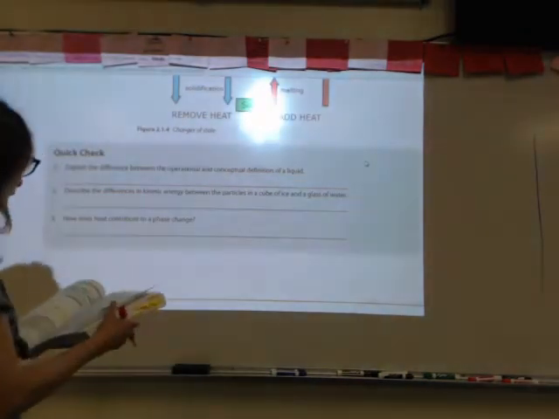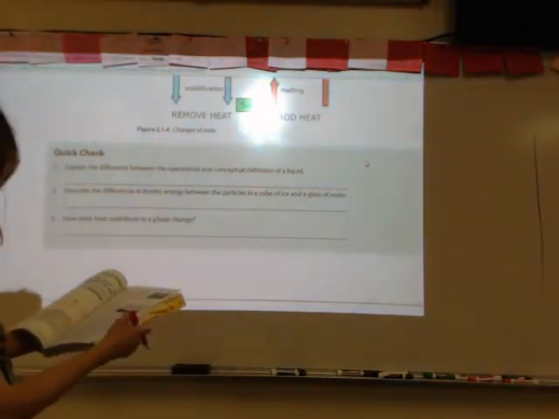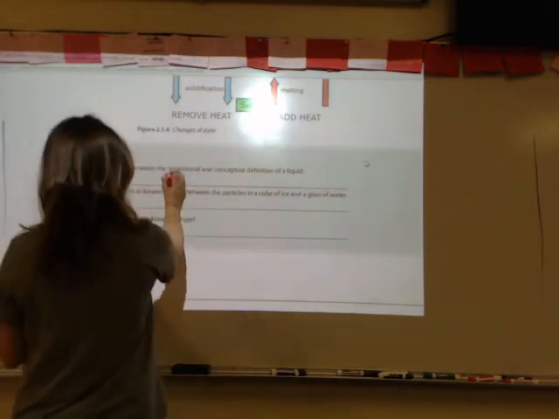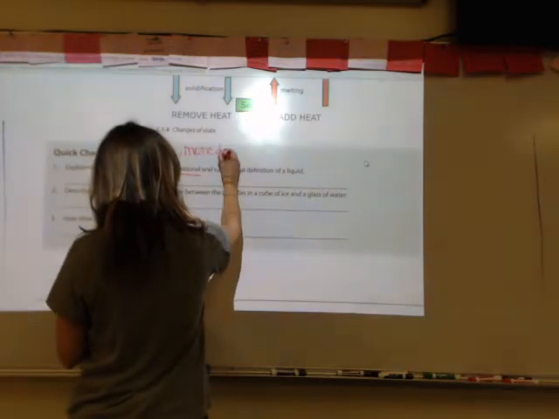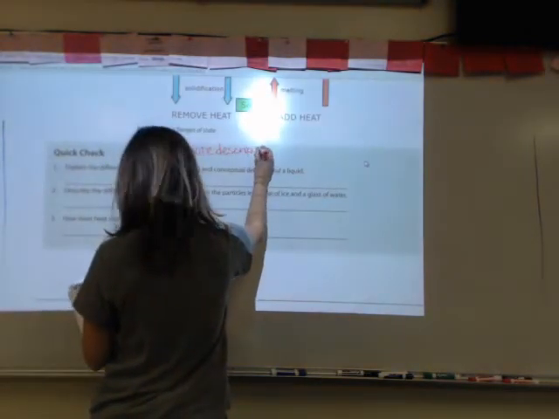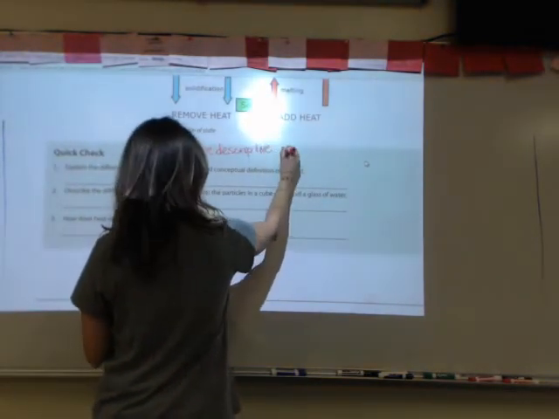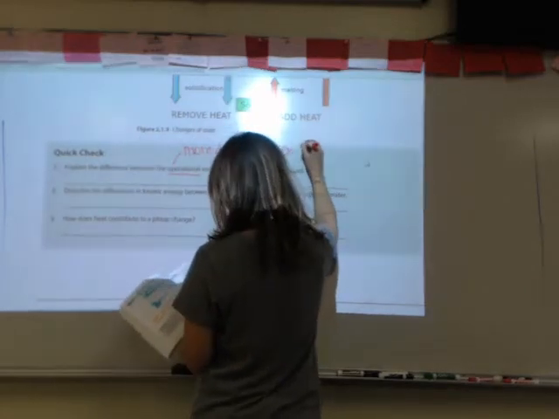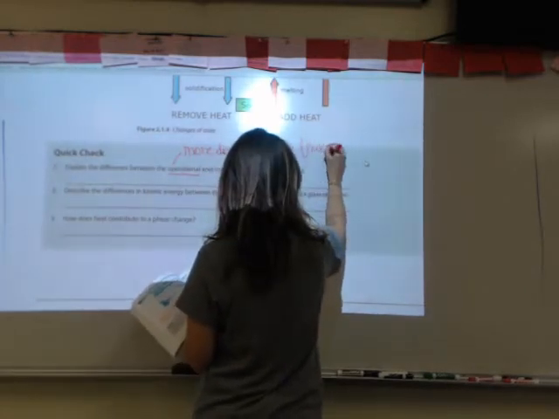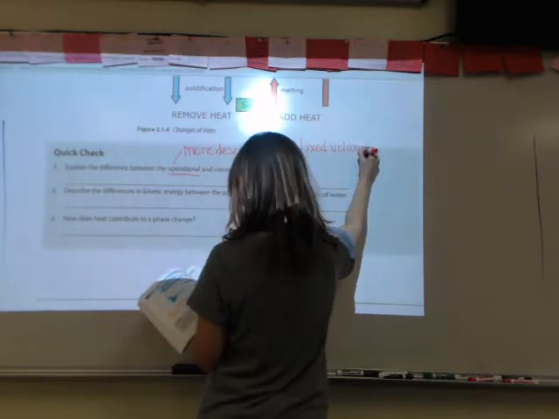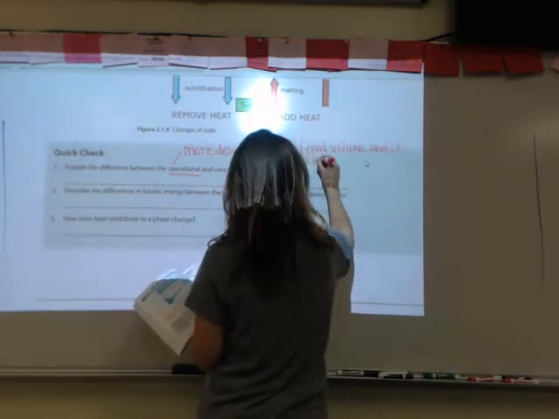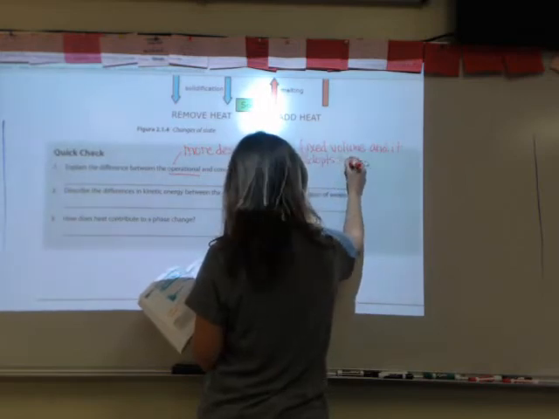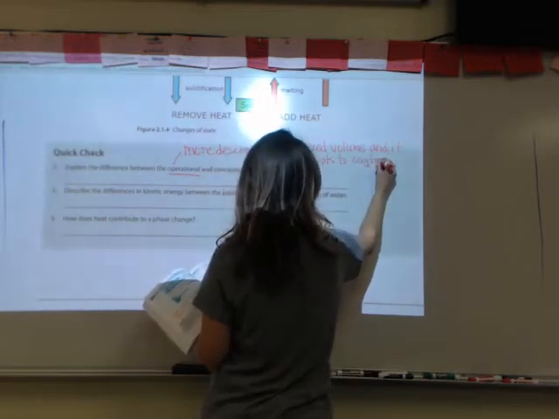Explain the difference between the operational and conceptual definition of a liquid. So an operational definition is more descriptive. For instance, this says that if you have liquid, it is of fixed volume and it adopts the container's shape.